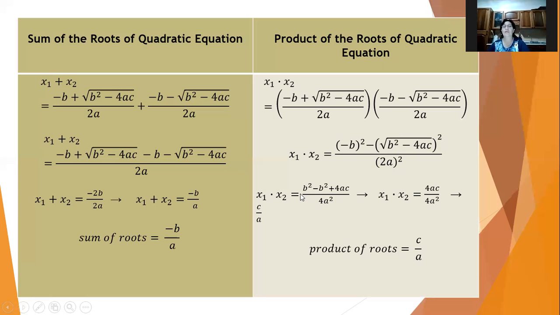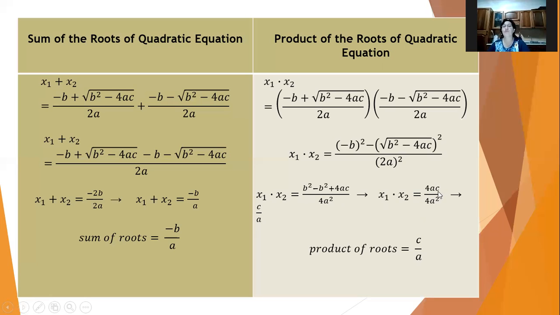Let us simplify. B squared minus b squared is equal to 0. Therefore, the remaining quantity is equal to 4ac over 4a squared. 4a divided by 4a is equal to 1.